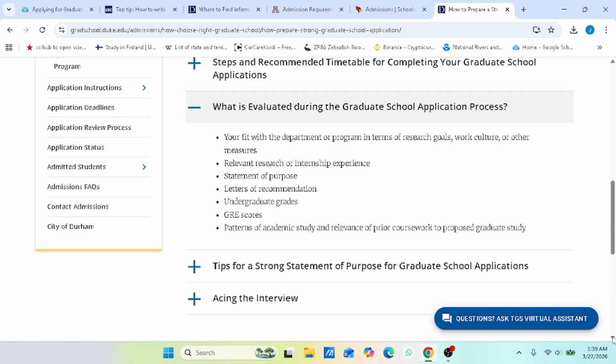Number 2, relevant research or internship experience. You see research is coming up again. You must have research experience.